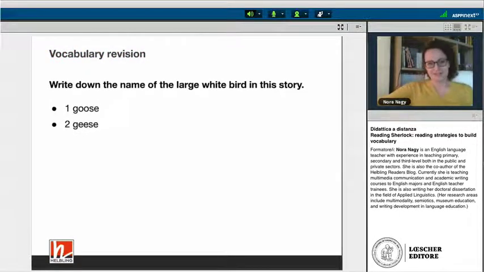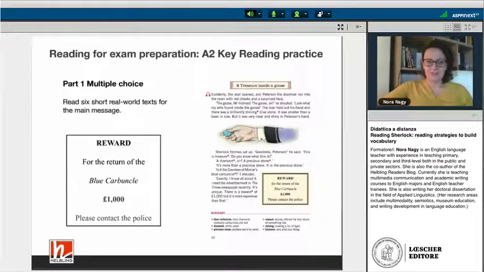Nice. All right. Now we will move on to some exam practice preparation. We will first start with the reading and writing exercises in the A2 key reading exam, which is a part one multiple choice exam text, in which you will have to read 6 short real word texts for the main message only.